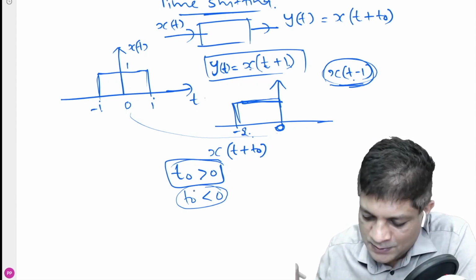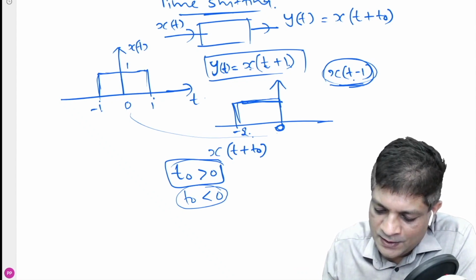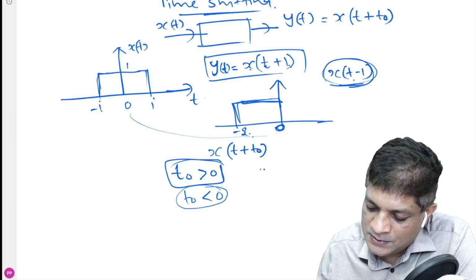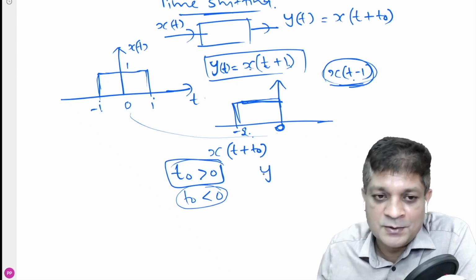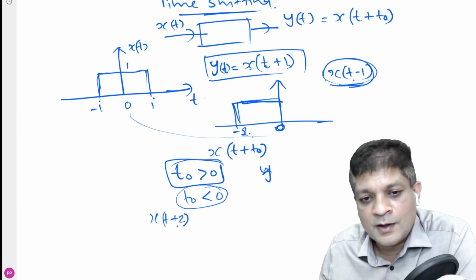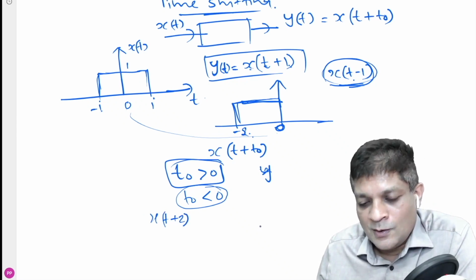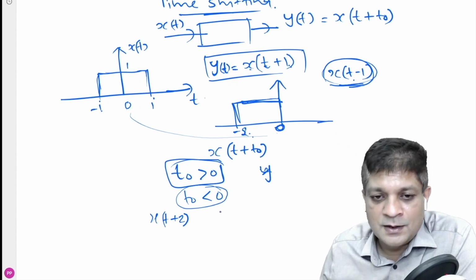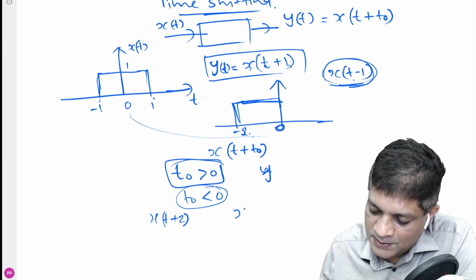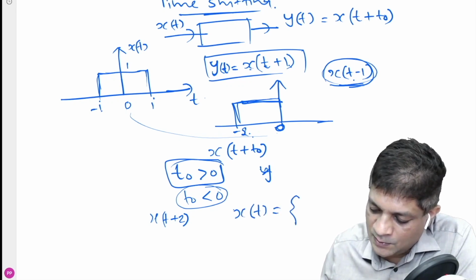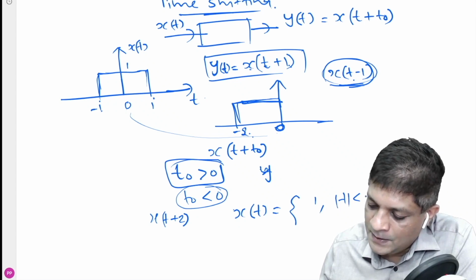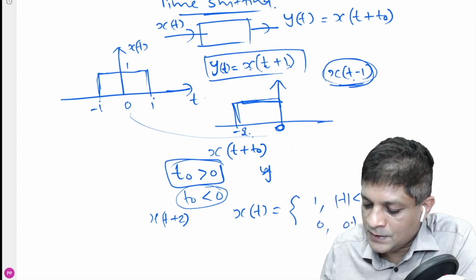What students usually do is, when I give this example and ask to find, suppose, x(t + 2), many of you first start writing the expression, x(t) equal to 1 for t less than -1 and 0 otherwise.